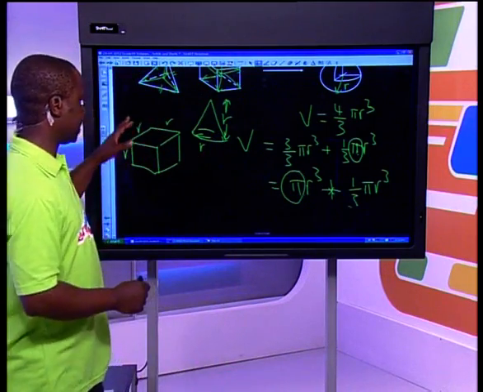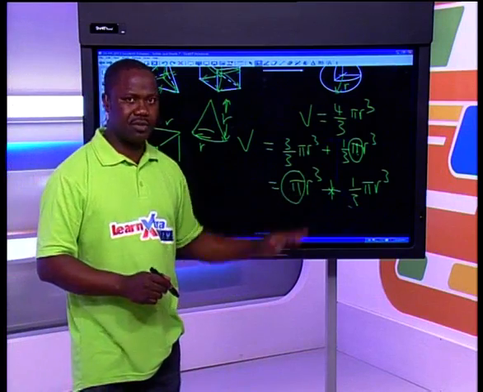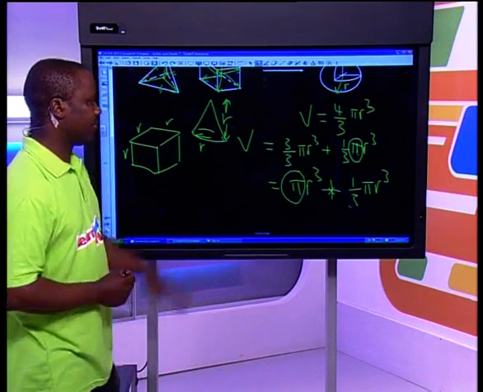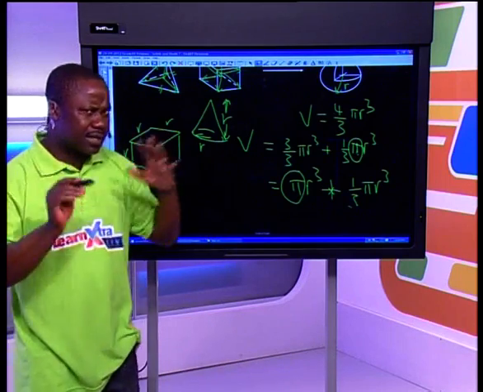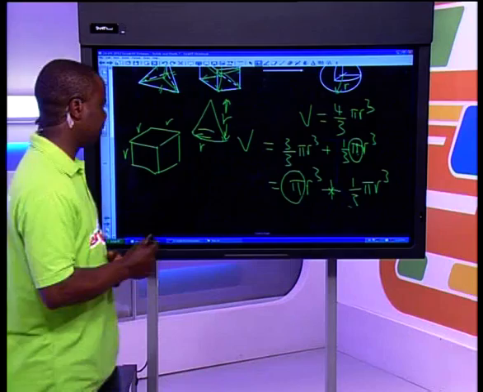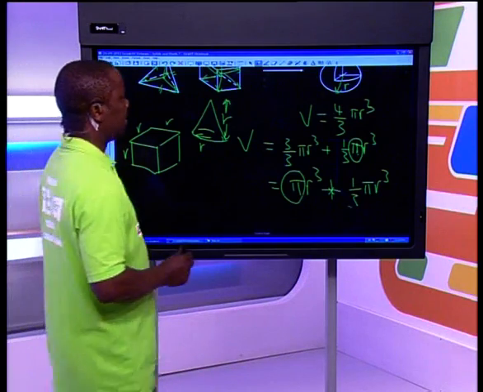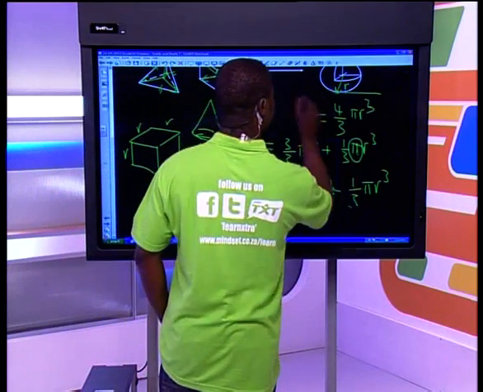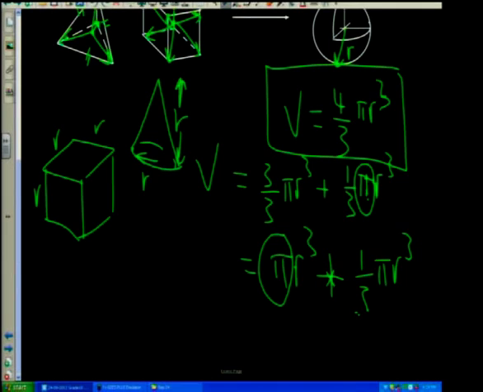So that's r times r times r, which gives you r cubed, and you can just multiply that by pi. So I'm just trying to help you remember the formula itself. It is a compound volume. So that's what you have.